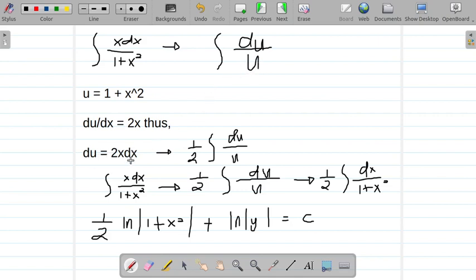But the value of du is 2x dx. Well, here we have x dx. So, if we put a 2 here, it becomes 2x dx. Then, we take out the 2. Its equivalent is the reciprocal of 2, so 1/2.